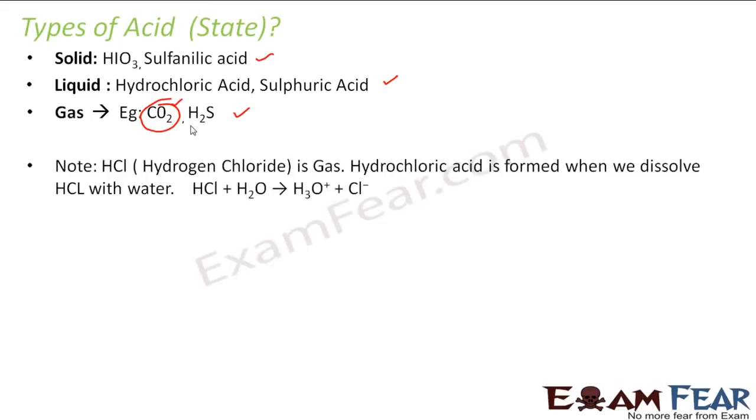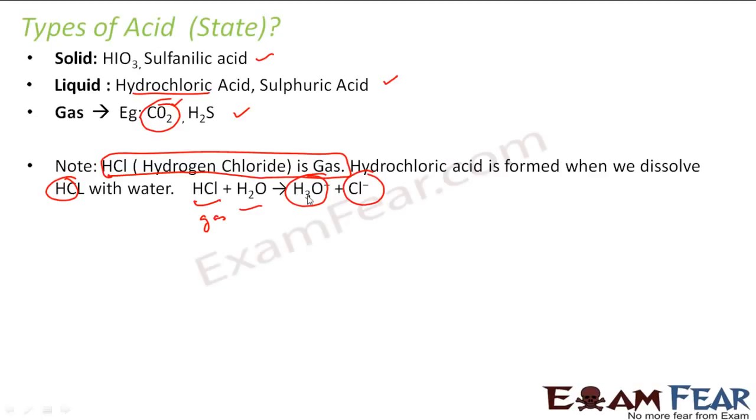Here we have to note that HCl is a gas actually. Hydrogen chloride is a gas, right? But hydrochloric acid is different. Hydrogen chloride and hydrochloric acid are different. Hydrochloric acid is formed when we dissolve this HCl gas in water. If you see this reaction, you have this gas, you have water, you react, and you get H3O plus and Cl minus.